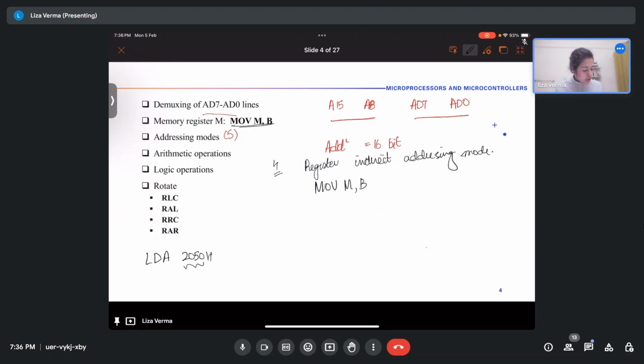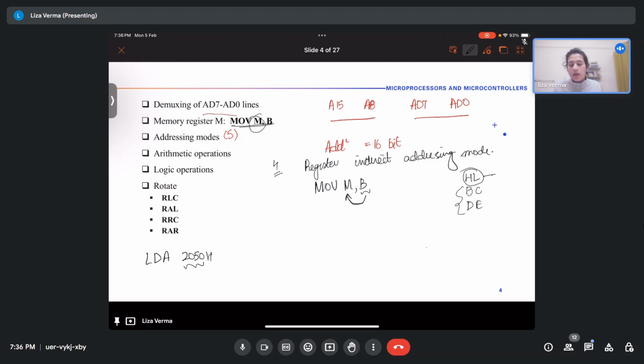Now, you are asking the microprocessor to move the contents of B to the address that is pointed by M. Now, M here can be any register pair. Registers can be paired, like H and L, B and C, D and E can be paired. So M corresponds to the HL pair.